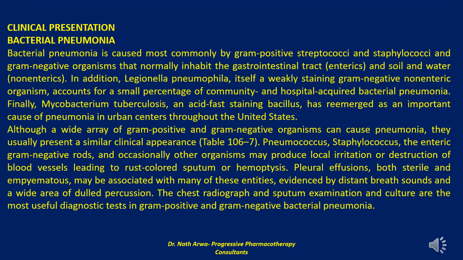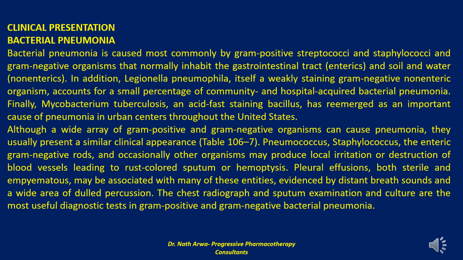We will now discuss the clinical presentation of bacterial pneumonia. Bacterial pneumonia is caused most commonly by gram-positive streptococci and staphylococci and gram-negative organisms that normally inhabit the gastrointestinal tract, also called the enterics, and soil and water, also called the non-enterics.